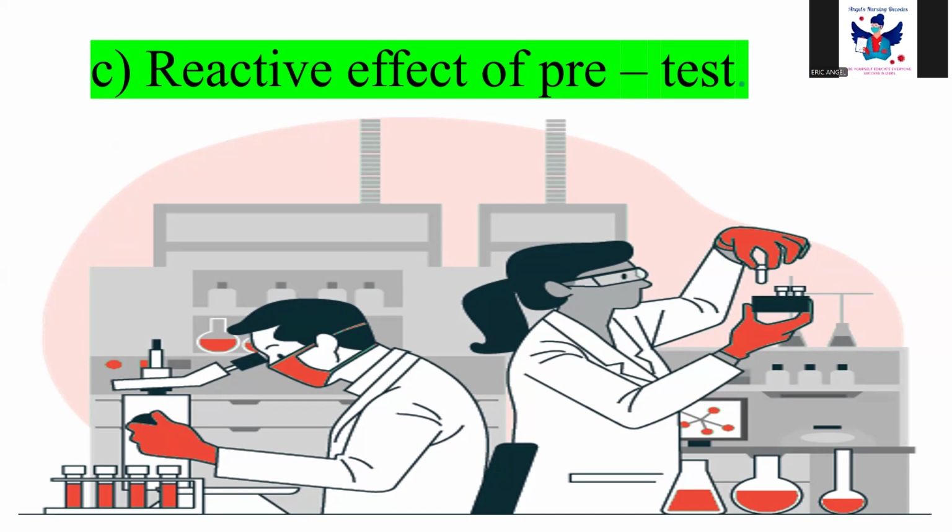For example, a researcher wants to conduct a study to assess the effect of a health education program on the awareness of HIV or AIDS among people. In this instance, the researcher conducts a pretest to collect baseline data before health education. This pretest may sensitize the subjects to learn about HIV or AIDS, irrespective of whether the health education is provided or not to the subjects.